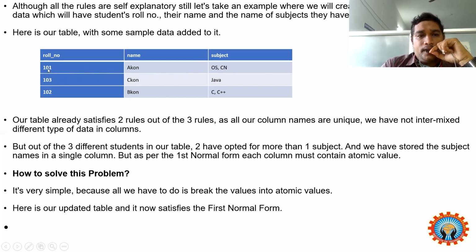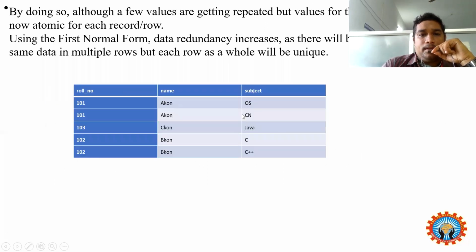So we distribute them: 101 econ and C, 103 C and HR. Similarly, here are also multiple values for an attribute, so we divide them into single values: 102 econ and C. So this is the updated table.